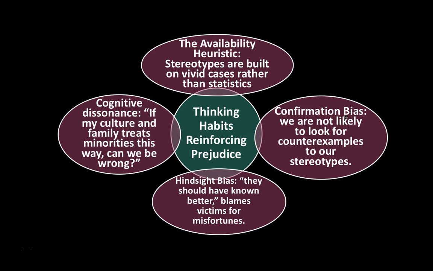Cognitive dissonance. And just to take the example of cognitive dissonance and make it more concrete. So if my culture, and this is kind of a metacognition that prejudiced people may have, if my culture and my family treats minorities this way, and now you're a developing young person, you see your culture, your family treating minorities in a particular way.